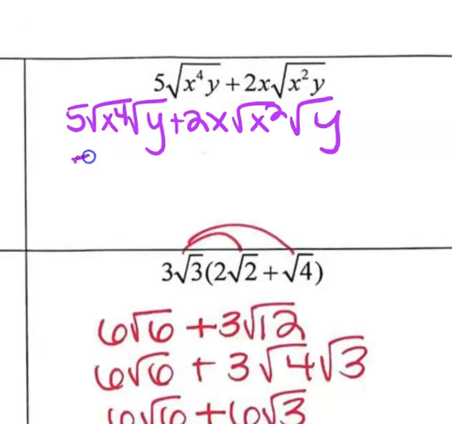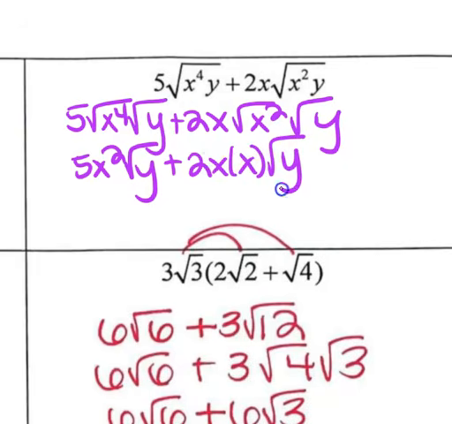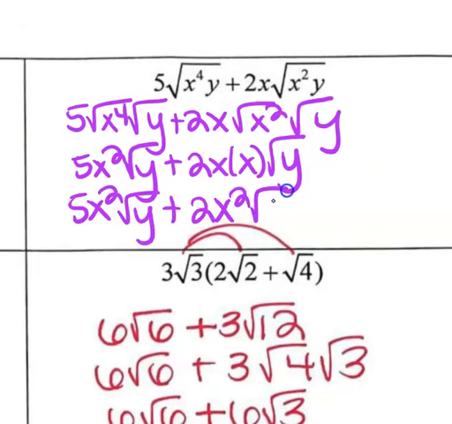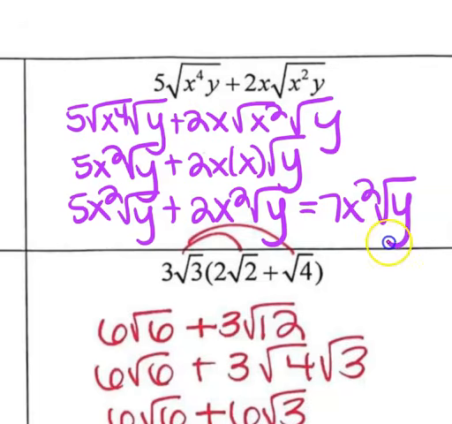Take the square root. Which simplifies to 5x squared square root of y plus 2x squared square root of y. Now I have the same radicands, so I can just add, and that leaves me with 7x squared radical y.